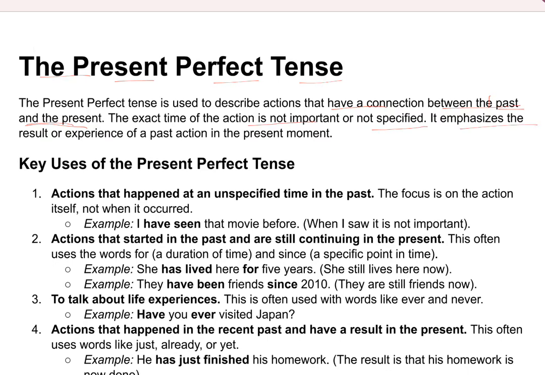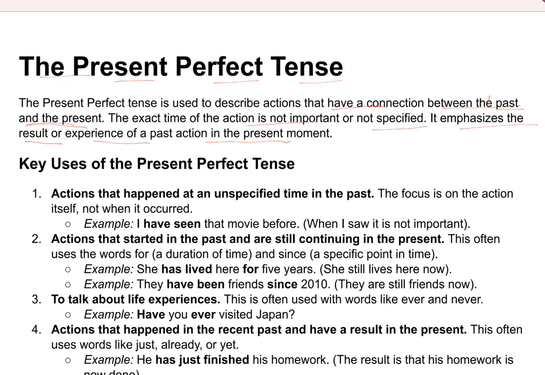It emphasizes the result or experience of a past action in the present moment. Very important. The main focus of the present perfect tense is the connection between past and present, and the exact time of the action is not important or not specified.